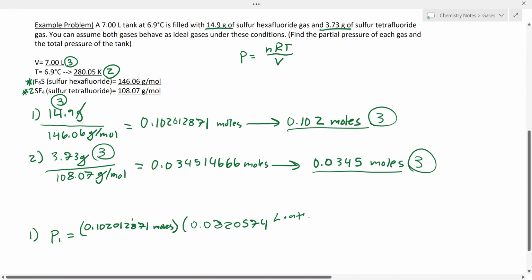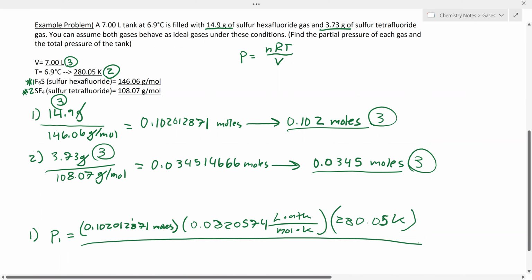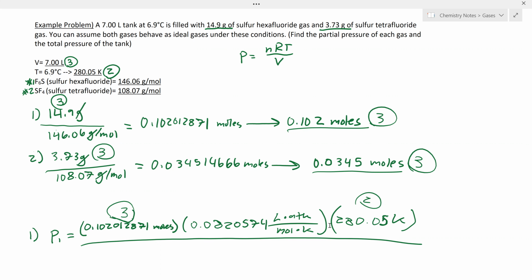We have the liters times the atmosphere over mole times Kelvin, okay? So that's nR. Now we have T, which we already converted to Kelvin conveniently. And then just make sure the sig figs are here. So this one's 2. This one's 3. And then R, as we mentioned, is an exact value, so it doesn't factor into sig figs at all.